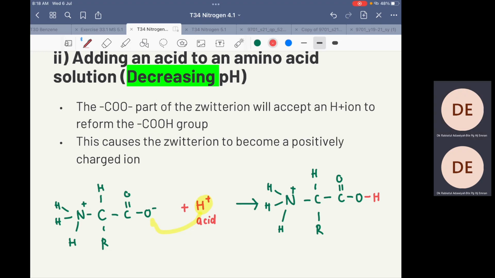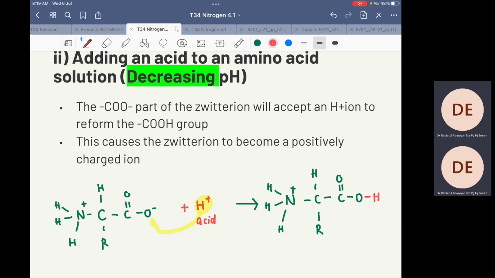So when COO minus receives H plus, the charges cancel out, so that part of the molecule becomes neutral. And no other product forms, unless you have a counter ion. If, say, you have a chloride ion here, that means you will just have a chloride ion lying around in the solution, okay? But here we just show it as H plus.